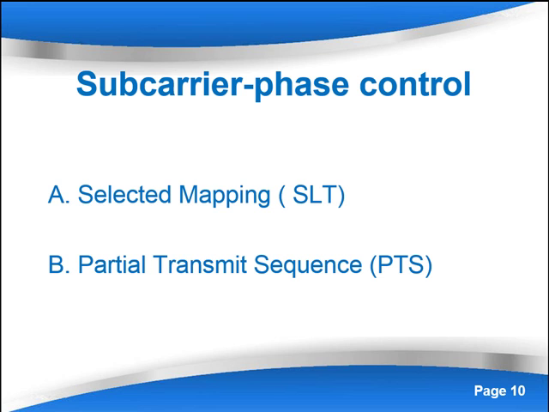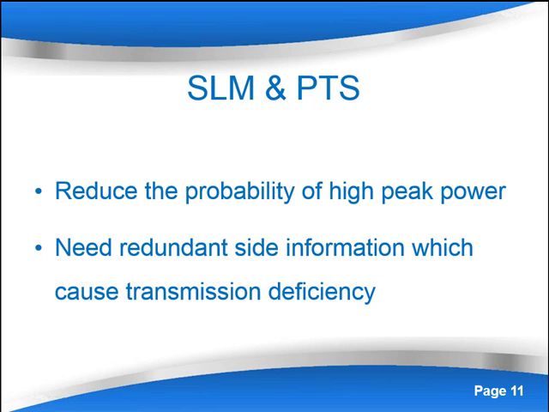SLM and PTS are peak power reduction techniques which reduce the probability that high peak power occurs. In PTS, PAPR of the OFDM signal is reduced by grouping all subcarriers into several clusters and adjusting the phase of each cluster by multiplying weighting factors so as to minimize the PAPR, symbol by symbol.